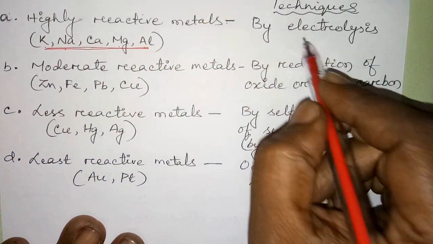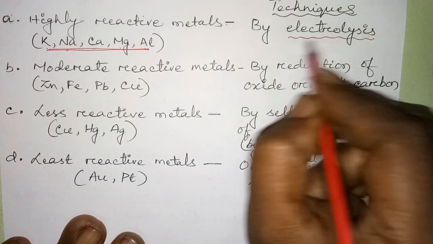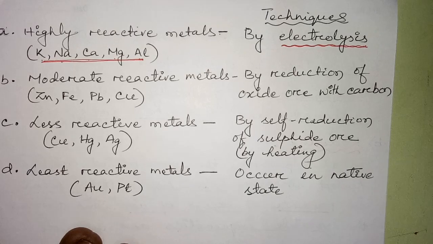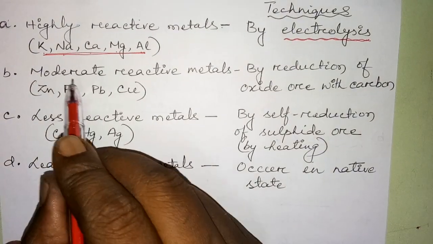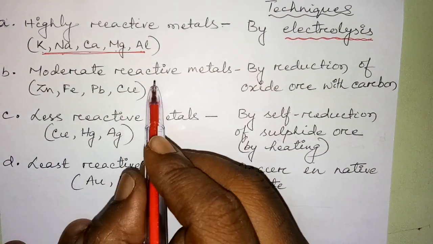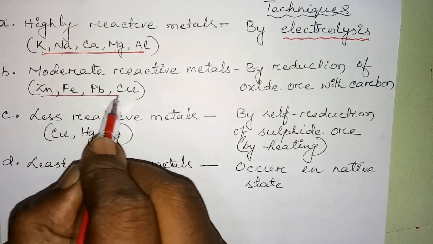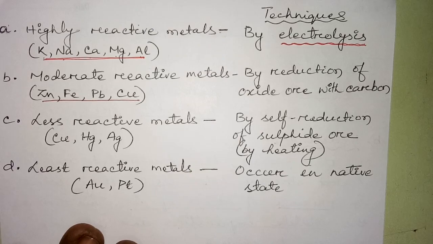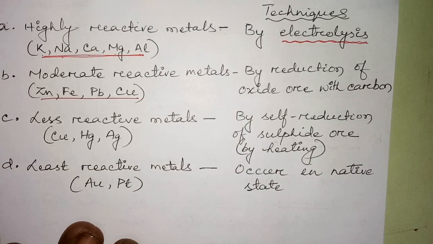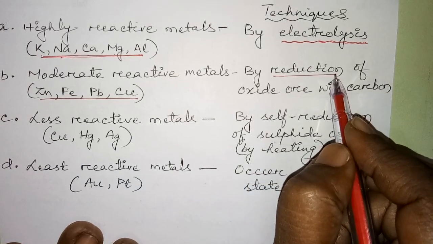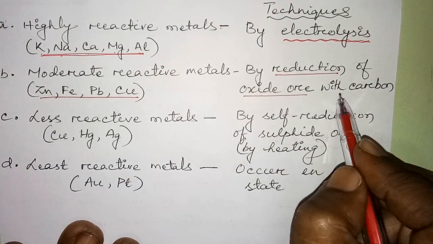The technique used to extract the metal from the ores is electrolysis. Then the next one is moderately reactive metals. What are they generally? Zinc, iron, lead and copper. What is the method of extraction? By reduction of oxide ores with carbon.